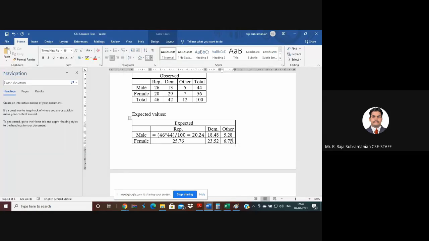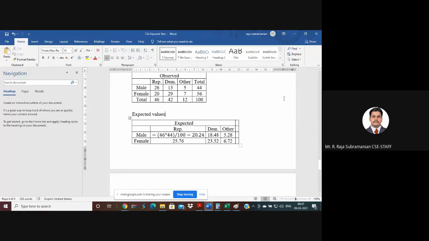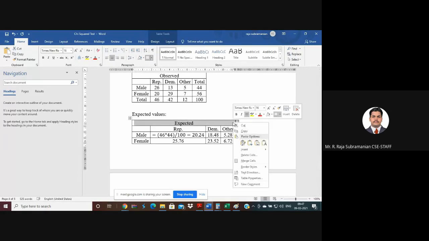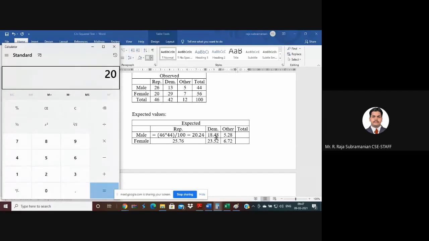Then we can check by taking the totals. If the total I get is 100, then it means I have done it correctly. What is the total? 20.24 plus 18.48 plus 5.28, this is 44.